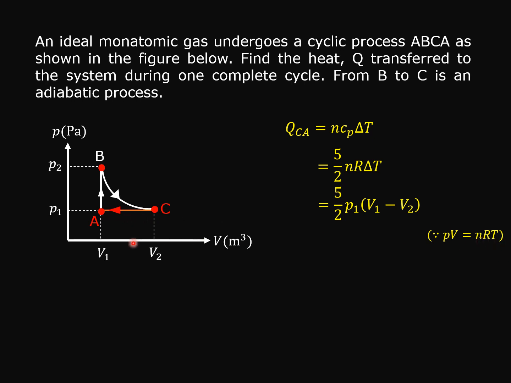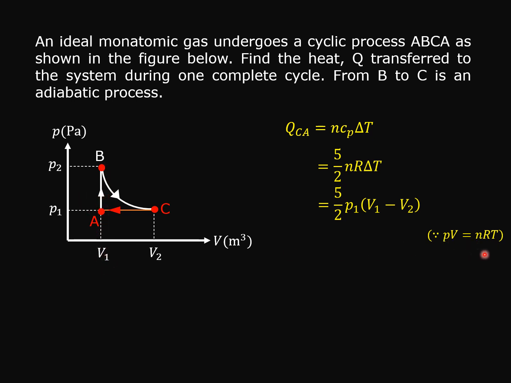This is a bit different from the process from A to B that we discussed just now. In the isochoric case, when there is a change of the temperature, it causes the pressure to change, while V is constant.